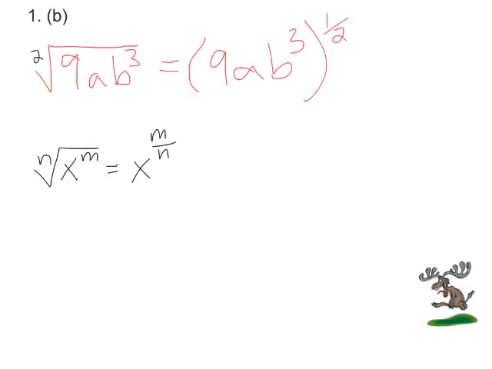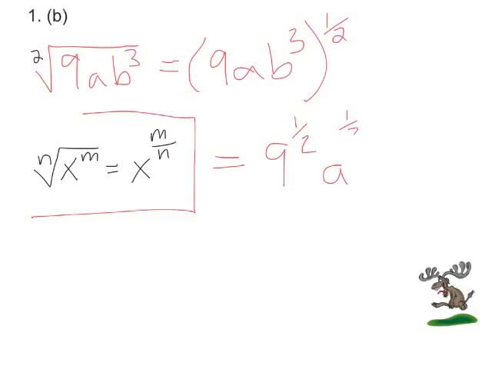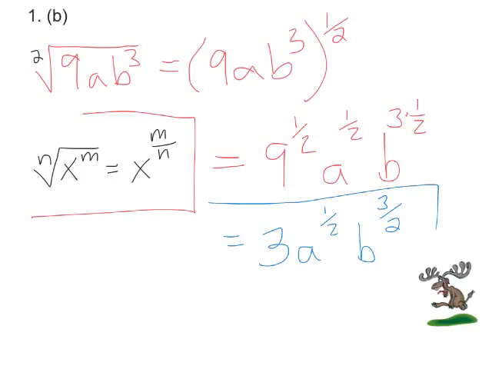Distributing that half in, we're going to get 9 to the 1/2, a to the 1/2, and then b to the third to the 1/2. And we can simplify that finally down to 9 to the 1/2 is the same thing as the square root of 9, which is 3. We can't simplify a to the 1/2, and the b, we can simplify it to b to the 3/2. So there's our final answer.